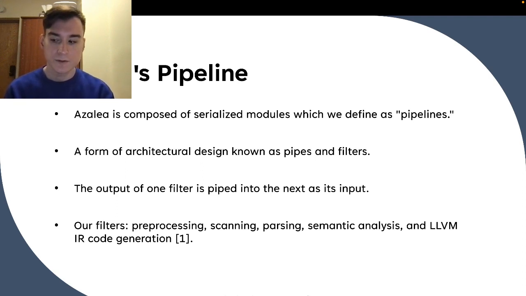And within these filters, you might have some mathematical transformations that take the output of one filter as input to the next filter. And we've based this design on 5 filters. These filters are preprocessing, scanning, parsing, semantic analysis, and code generation.